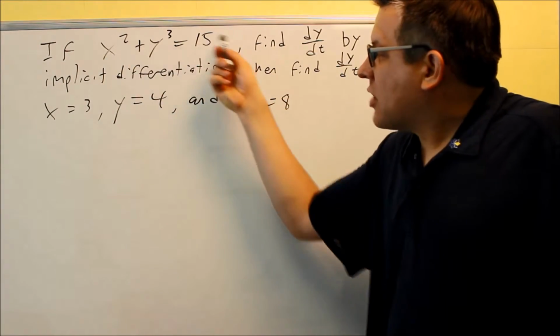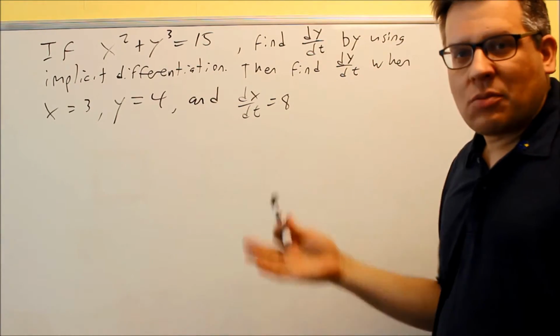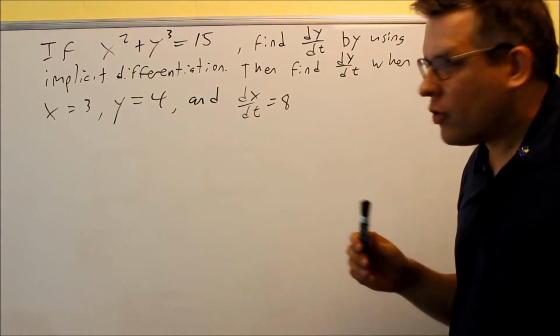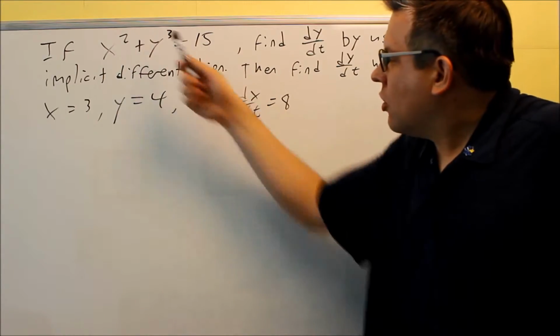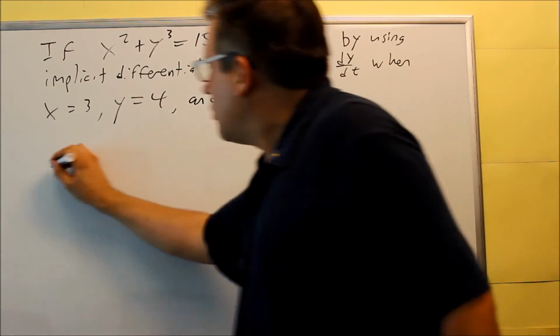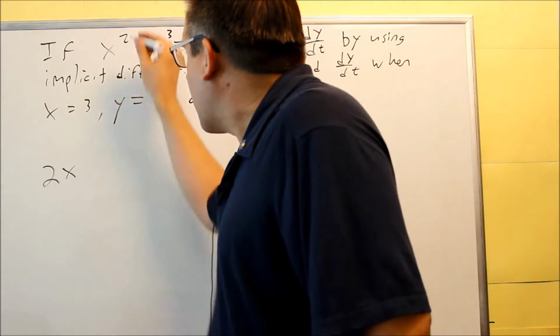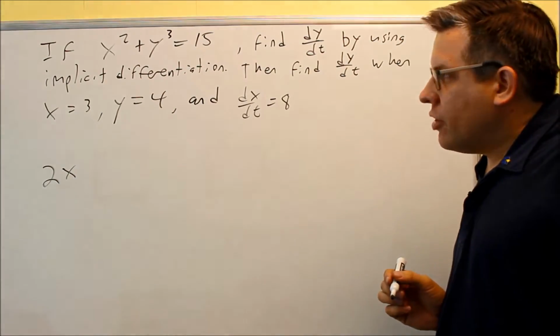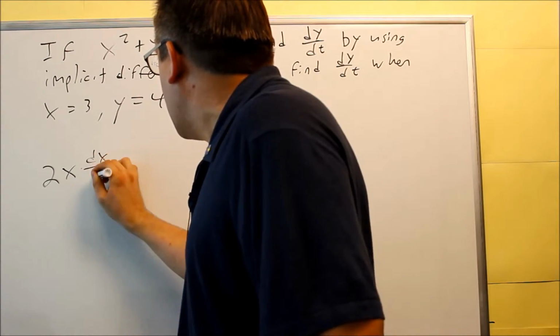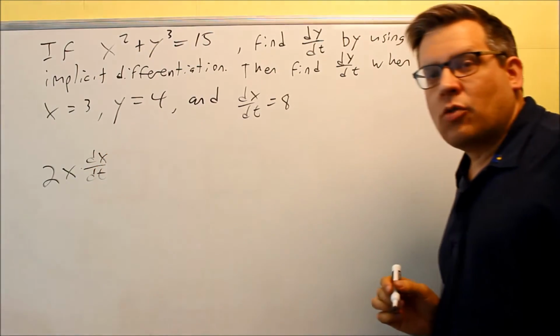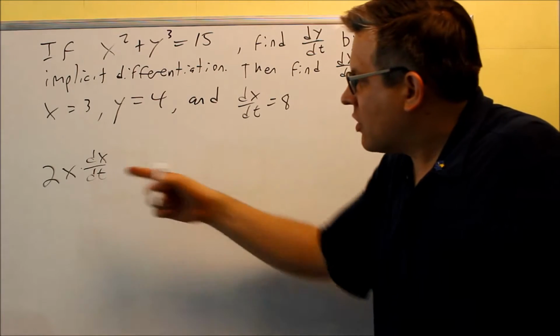Now we don't have a variable that's isolated here, so we're just going to use the same techniques we would for implicit differentiation. This time we're doing everything with respect to time. So we're going to do chain rule on this. The 2 comes down, x, subtract 1, and you get x to the first power, but we have to multiply this by dx dt. We're doing the derivative with respect to time here.